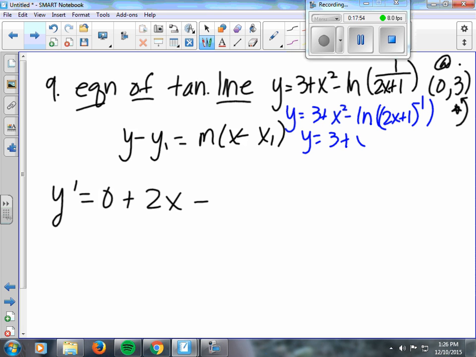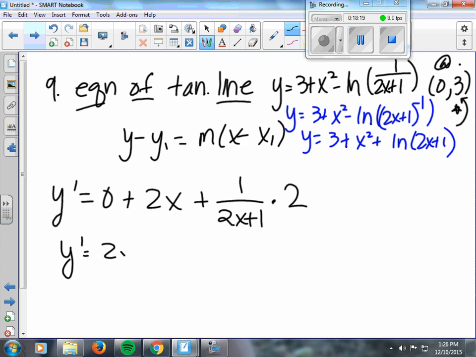So this is 3 plus x squared plus the natural log of 2x plus 1. Much easier to take the derivative of that. So now my derivative is 0 plus 2x plus 1 over 2x plus 1. I don't need a natural log of e because that's just 1. That was the base thing. And then multiply by the derivative of the inside 2. Okay, so my derivative is 2x plus 2 over 2x plus 1.